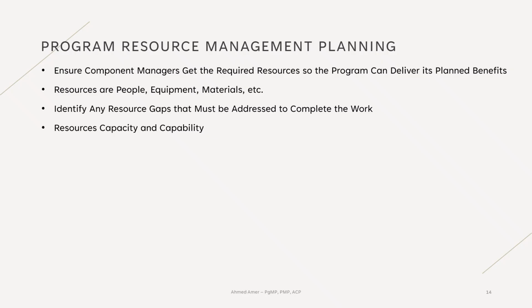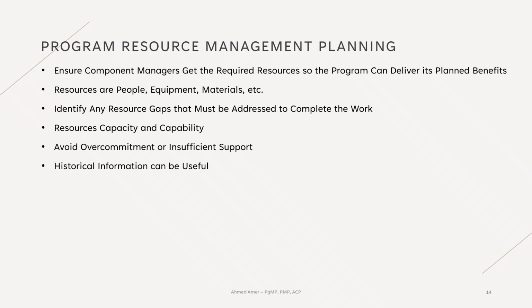Then they figure out how to allocate these resources across components without overloading anyone or leaving gaps. Historical information from past projects and programs can be a huge help here, giving clarity about what types of resources were needed before.